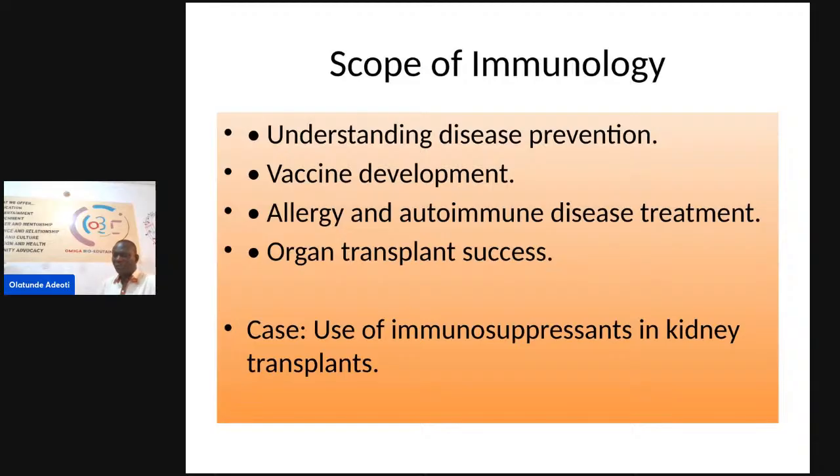Before you do a kidney transplant, you want to transplant an organ from individual A to individual B, and you don't want the immune system of B to fight against the organ from A. That means you use some drugs that will bring down and hold the defensive mechanism of B so as to be able to accept the organ from A. So that is the use of immunosuppressants in kidney transplant.